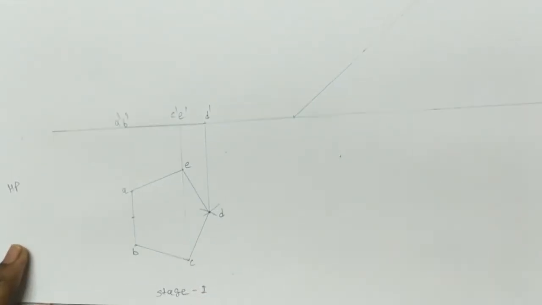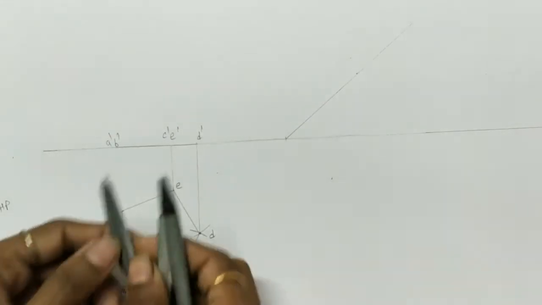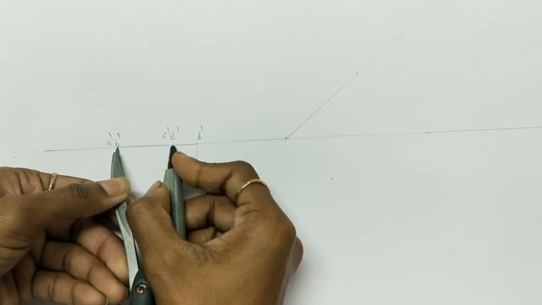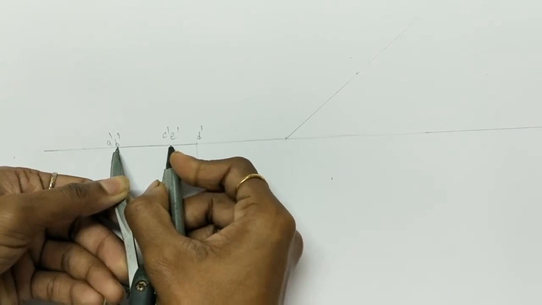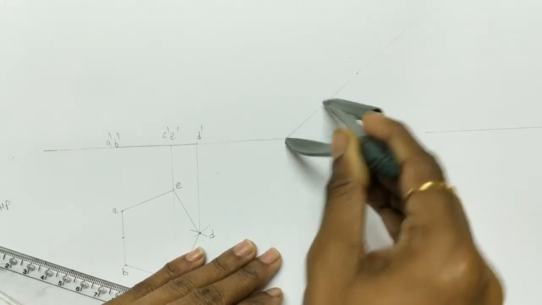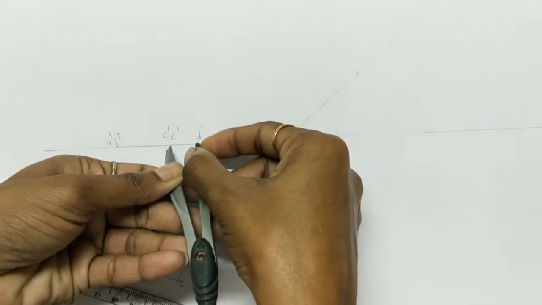Now on this line take distance A dash, B dash up to C dash, E dash with the help of a compass, and from C dash, E dash to D dash.